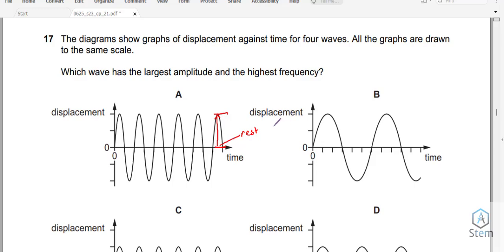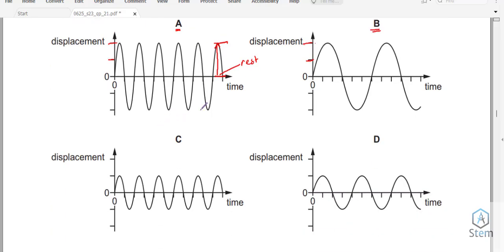The amplitude of A and the amplitude of B are actually equal. There are 2 units. So when it comes to amplitude, A and B are the same, and they are bigger than that of C and D. So C and D have already lost because they do not have the greatest amplitude.